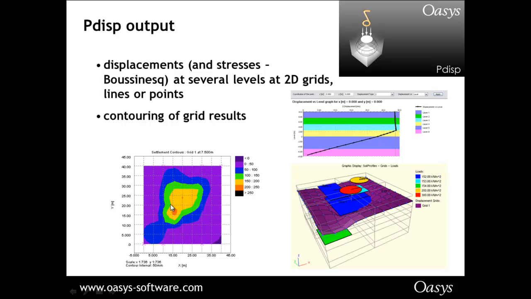And for example, you could pick a point, say you were interested in what's happening right at the center, and print out a soil column displacement chart. And this gives you the displacement at different levels and shows where the bulk of your displacement is occurring. So it really does help you understand better how the soil is behaving and how your stiffnesses are impacting on settlement.